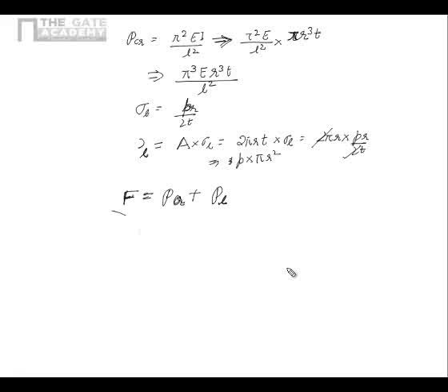So first you have to overcome the tensile stress because of the pressure, and then you have to add additional P critical to buckle the structure. So the total force will be equal to pi cube E R cube T upon L square plus P into pi r square. That is the total force which needs to be applied.